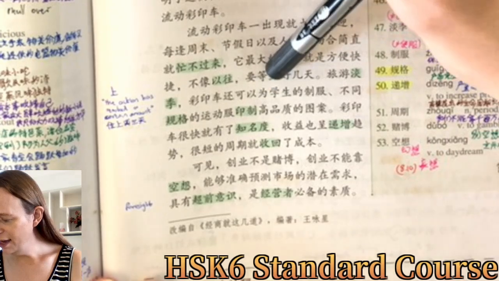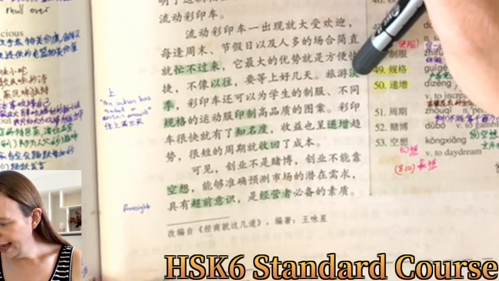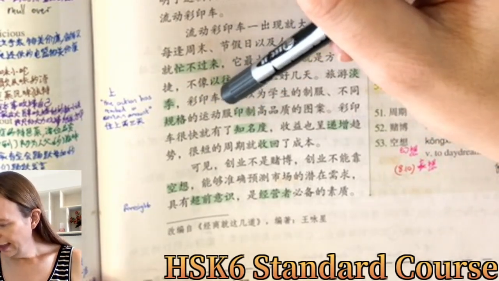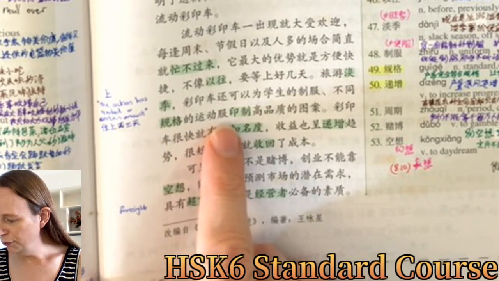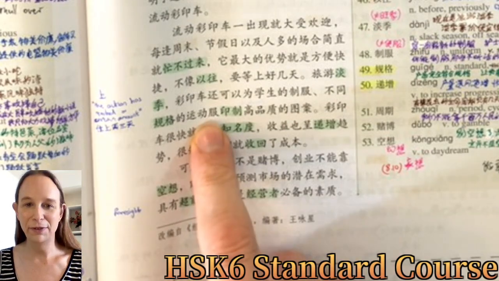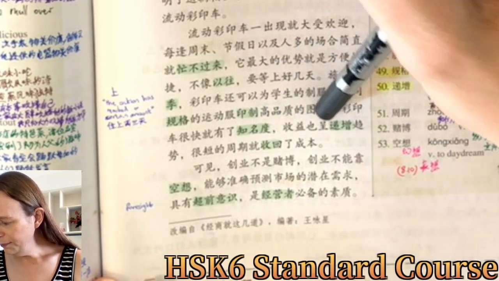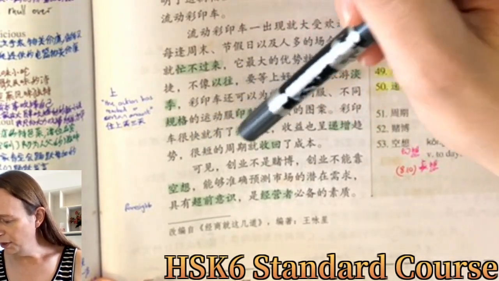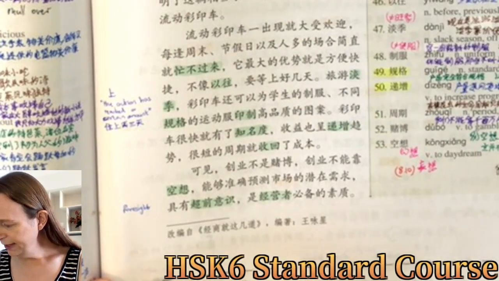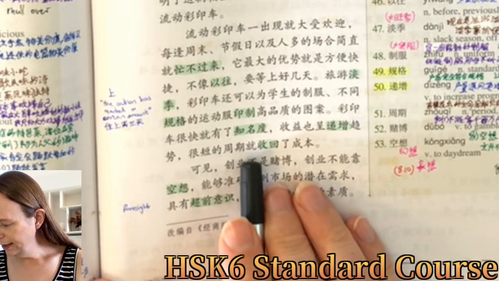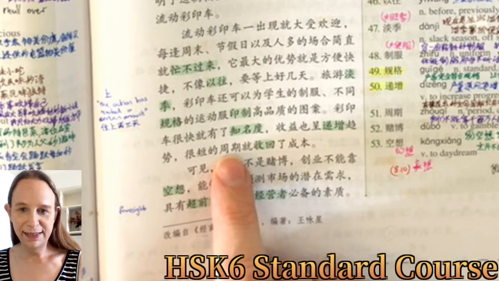I'm not sure. 等上好几天。旅游淡季，彩印车还可以为学生的制服、不同规格的运动服印制高品质的图案。Yeah, 制服 uniform. 运动服 is also uniform, but sports uniform. 彩印车很快就有了知名度，收益也呈递增趋势，很短的周期就收回了成本。周期 is a period.